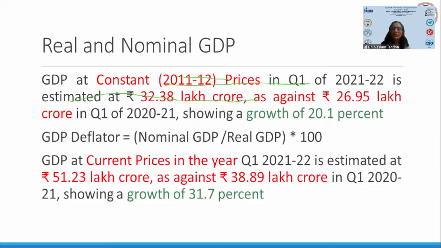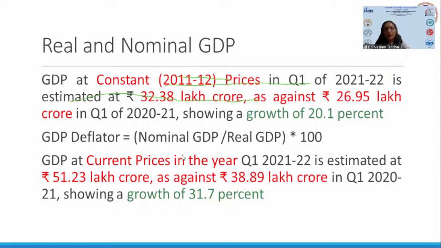Nominal GDP means you're taking care of price as well as output. You can see here, GDP at current price means we take the price of 21-22 and the output of 21-22. That is GDP at current price, that is nominal GDP.